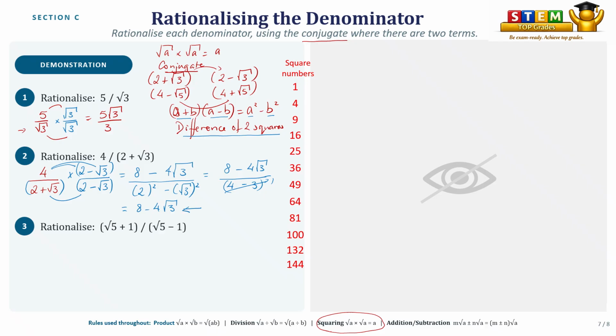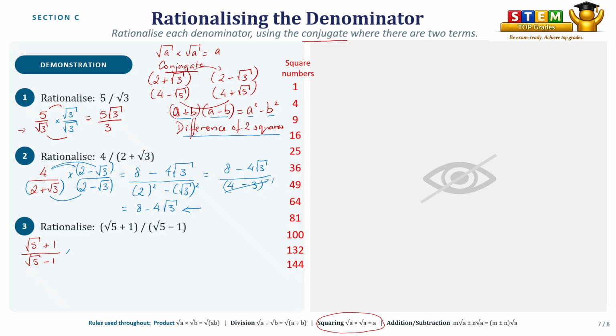The third part, let us see how it works. So root 5 plus 1 as the numerator, and the denominator is root 5 minus 1. Now, if you remember, we've got to work out the conjugate of the denominator.